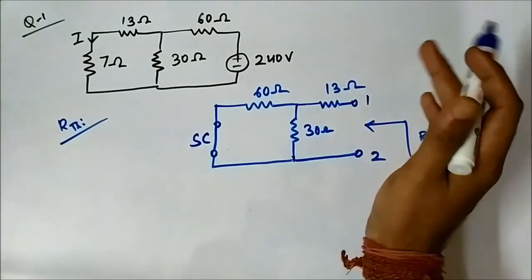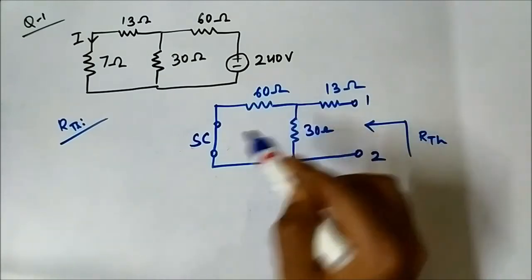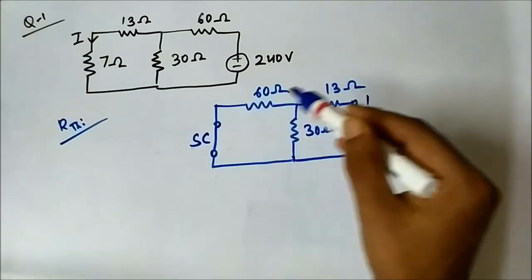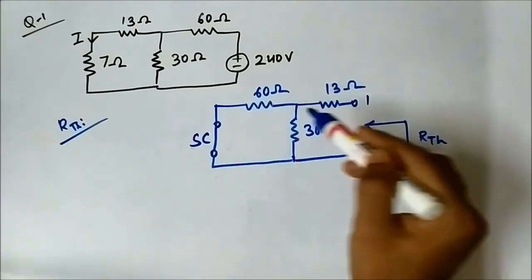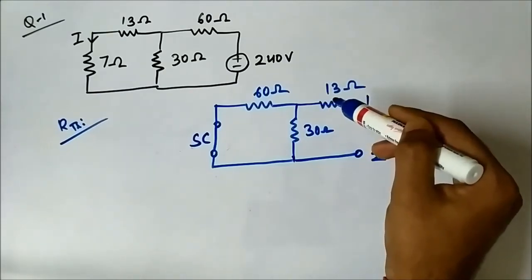Clearly you can see that across these two points 1 and 2, 30 and 60 are in parallel connection, and the equivalent of 60 and 30 is in series with 13.